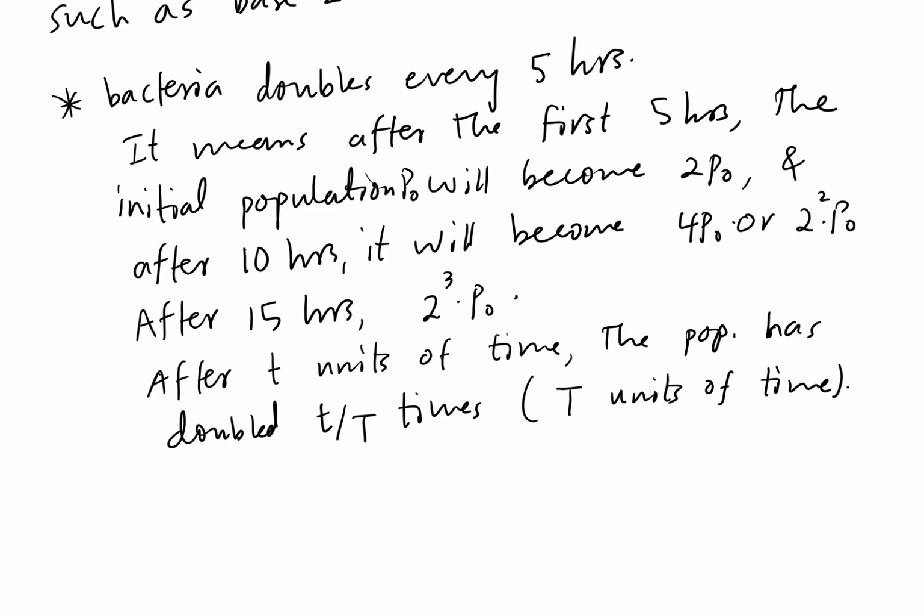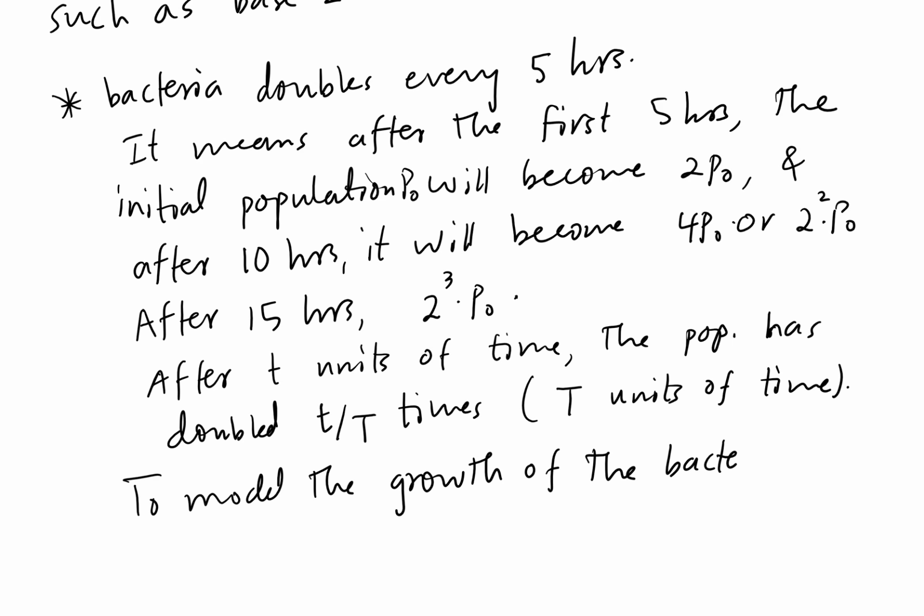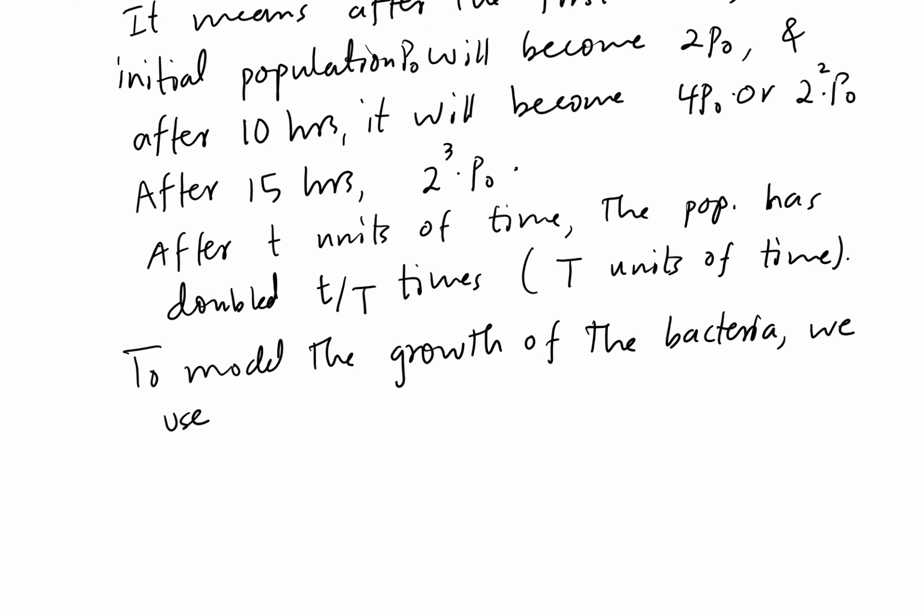Now we can use an exponential function to model the growth of the bacteria. We use p of t equals p sub 0 times 2 raised to kt.